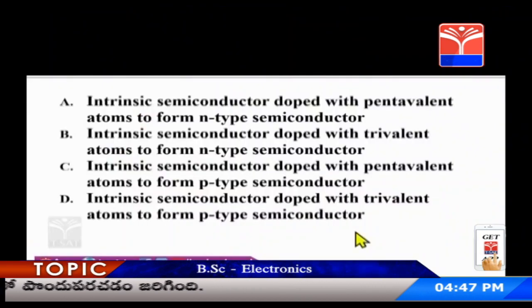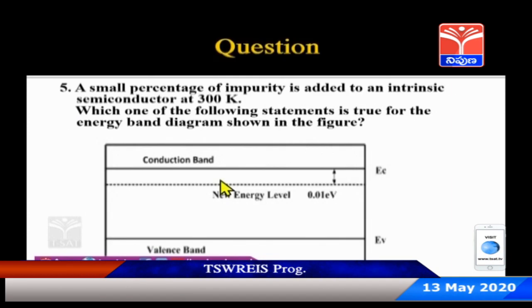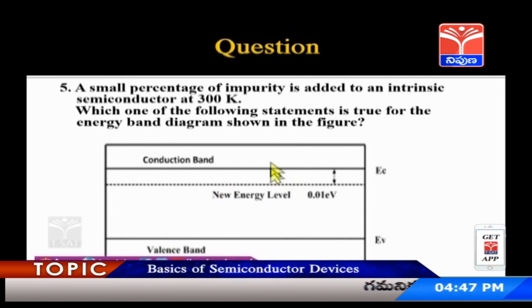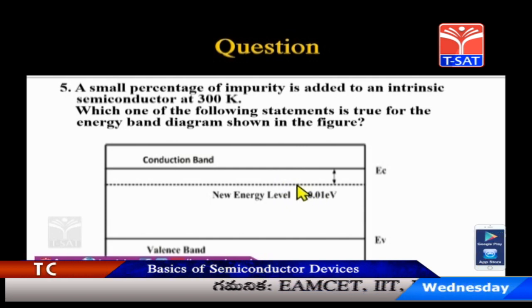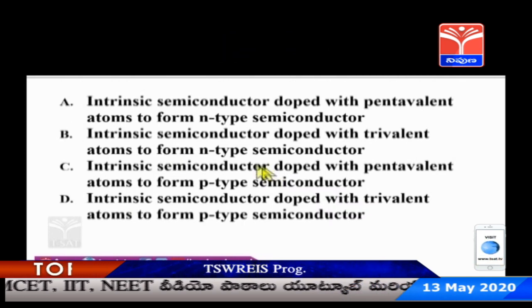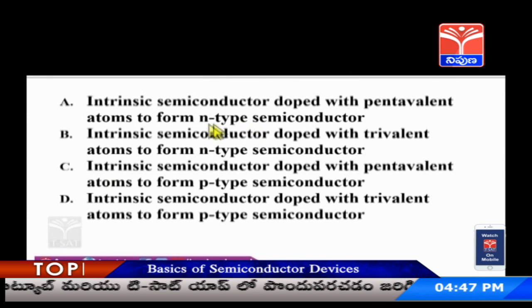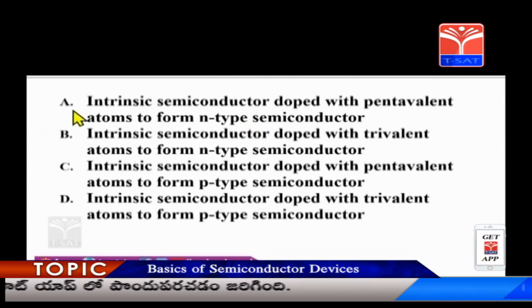So the answer is A, because the new energy level is near to the conduction band, so you are adding pentavalent impurity. When you add pentavalent impurity, the semiconductor formed will be n-type. So the answer is A.